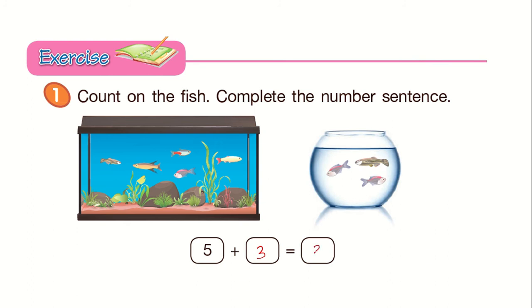So we have 8. 5 plus 3 equals 8. And we can show this using a number bond. We have 5, we have 3, and all together we have 8. This is what we call the number bond.